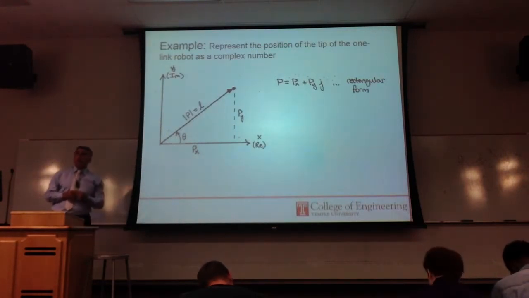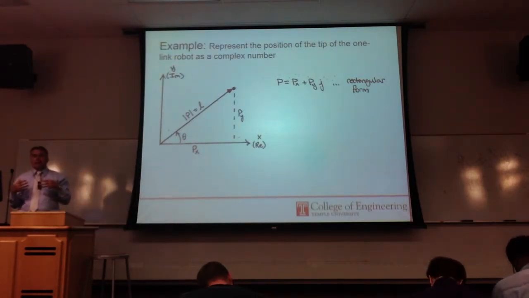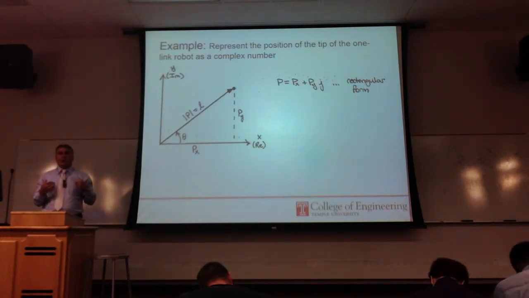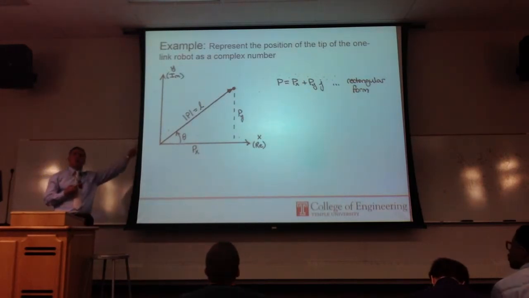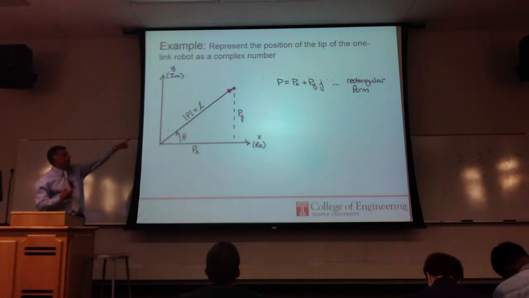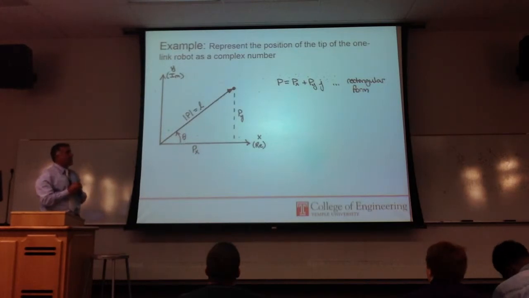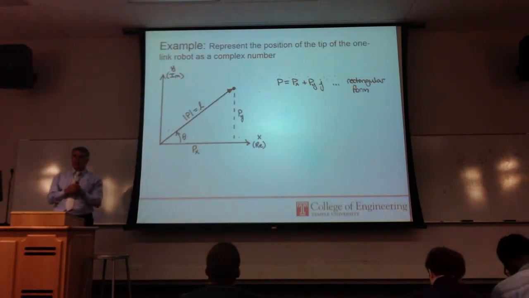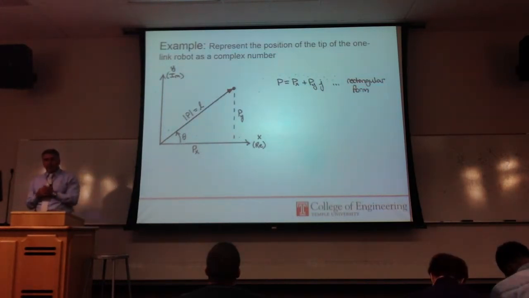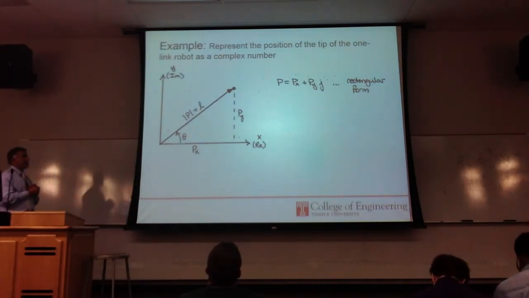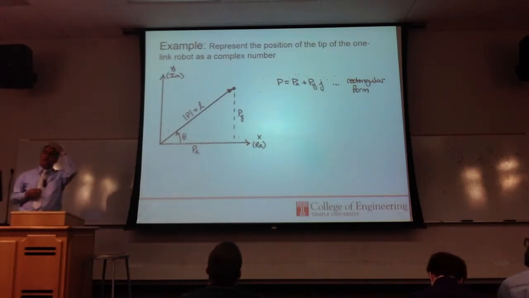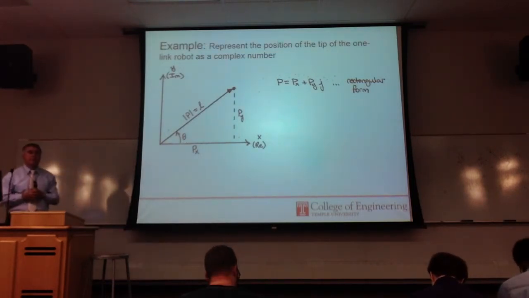So using the complex terminology, I am describing the tip of that one-link robot, P, as px plus pyj. This is a rectangular form of describing the vector, where before it was pxi plus pyj.